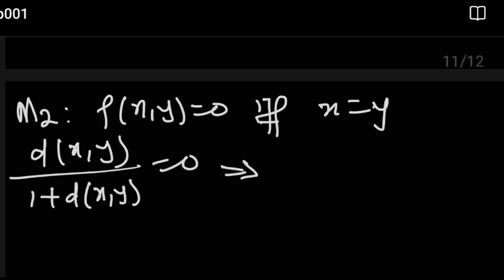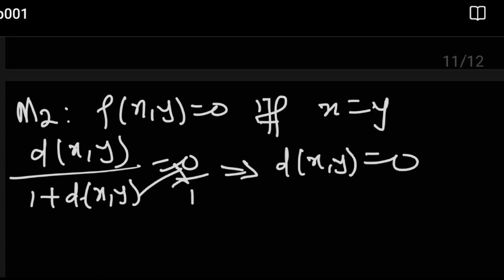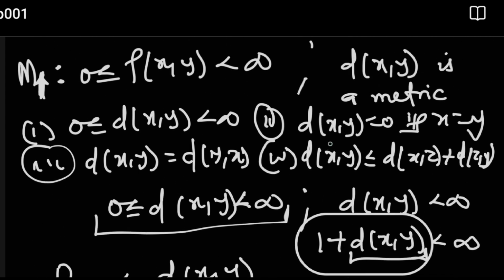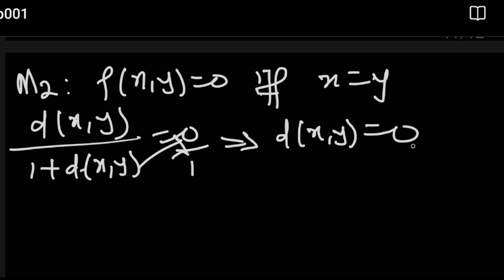And this implies, you can cross multiply, so this times 0 is 0. Remember, this can be 1. So d(x,y) equals 0. And when is d(x,y) equal to 0? It says d(x,y) is equal to 0 if and only if x equals y. Then we're good to go.